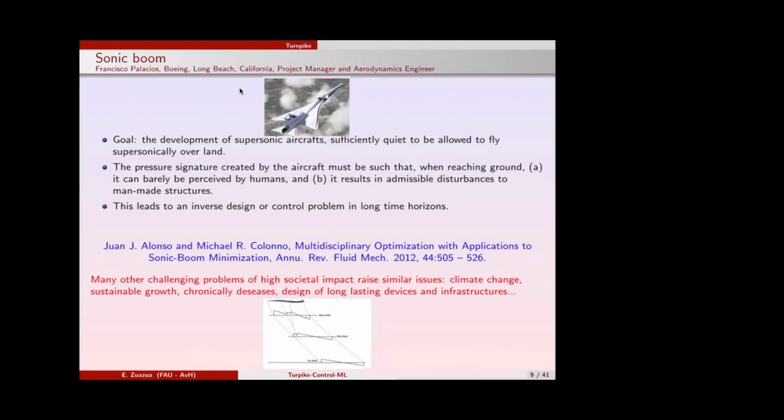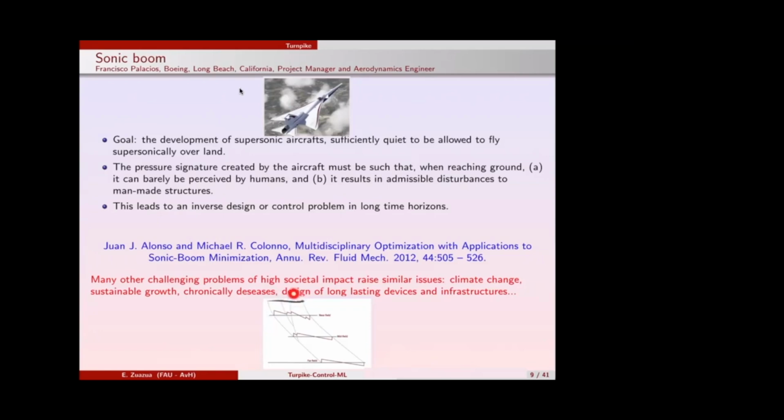On the other hand, what is the challenge from the perspective of optimal design in the aeronautic industry? The challenge, as I said, is to make the amplitude of this sonic boom small enough and the signature, the shape of this sonic boom, appropriate so that when it gets to the ground, it is acceptable.